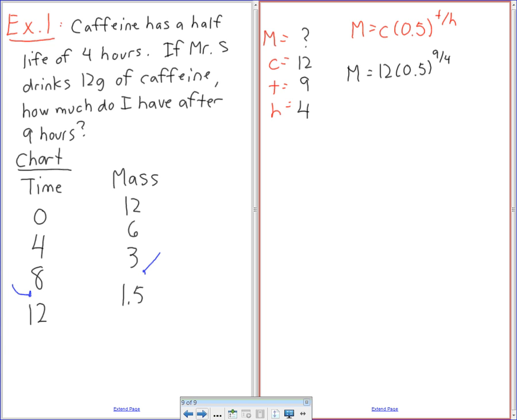All right. I would like everyone to try and come up with an answer. As you're doing your answer, remember that it has to be between 1.5 and 3, because that's what my chart says. So take a second, get your calculators out. Does anyone need to borrow a calculator? Struggle a little bit here and try and get the answer. If you get an answer like 300, your work is off.